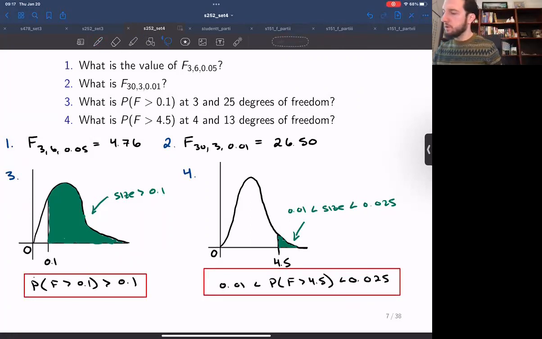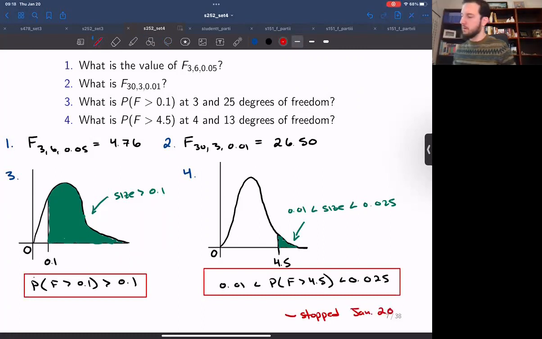Okay, any questions? Is the distribution still skewed for 4? Sorry, what do you mean?